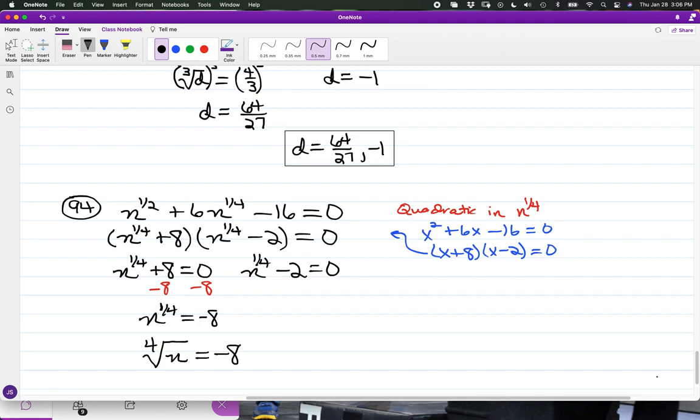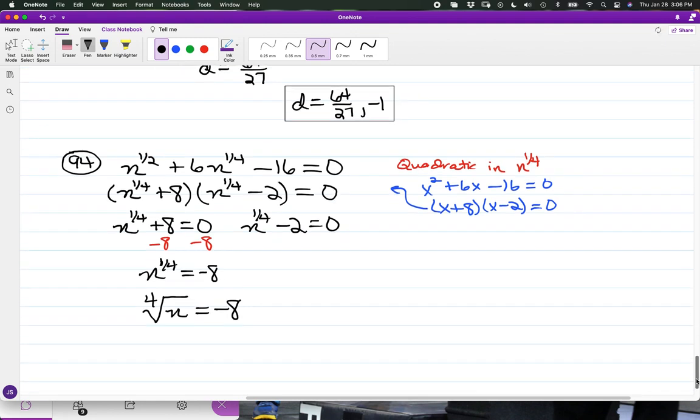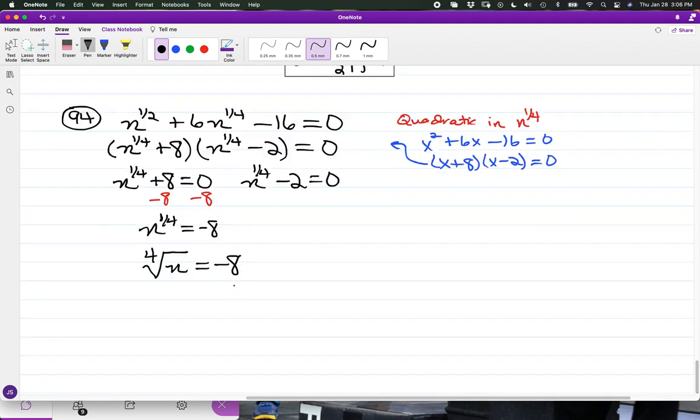And if you notice, we are now back to an even root radical. However, since I'm dealing with an even root radical, the principal root rule is going to kick in, where the even root of an expression cannot reduce to a negative constant. So for this particular portion, there is going to be no solution.